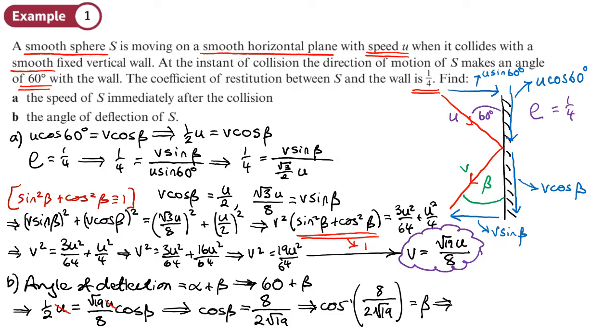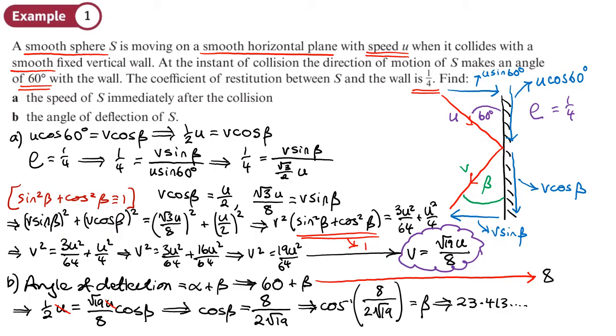So we'll do that now. Cos inverse of 8 over 2 root 19, and we get 23.413 blah, blah, blah degrees. So the angle of deflection, so we'll write it over here, is going to be 60 plus that. So we get 83.4 degrees to one decimal place, 3 significant figures.